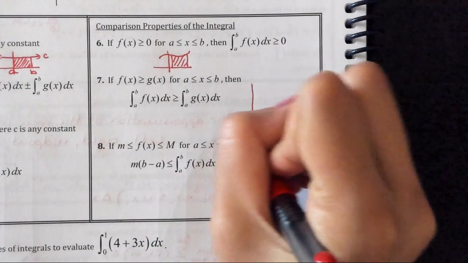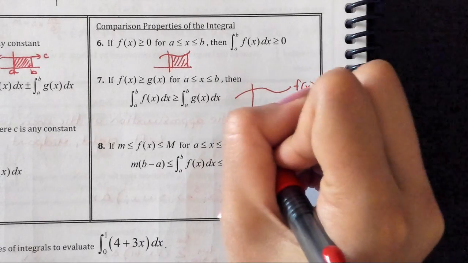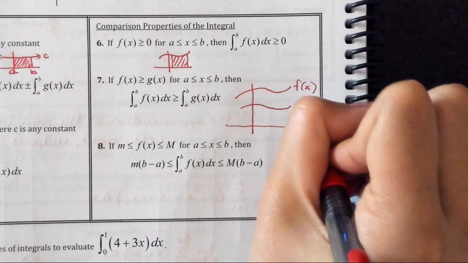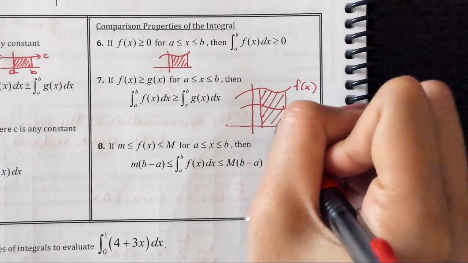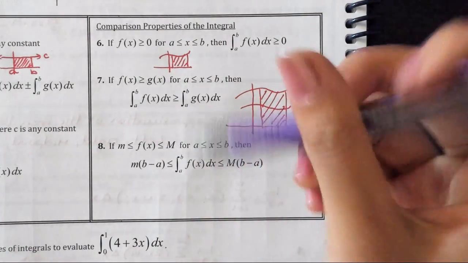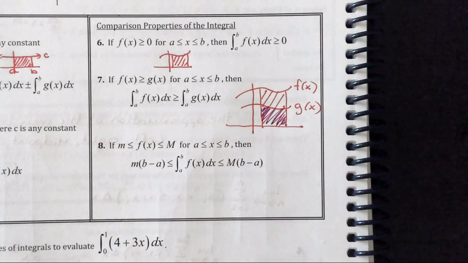And that makes sense too, because if your f of x is always higher than your g of x, then your area of f of x will always be bigger than your area of g of x.